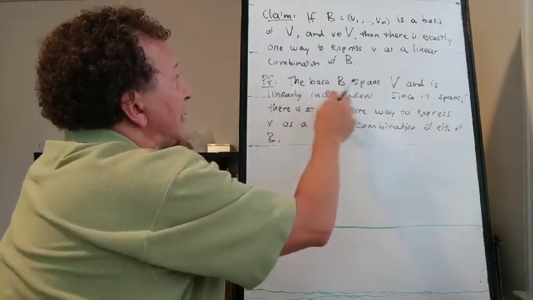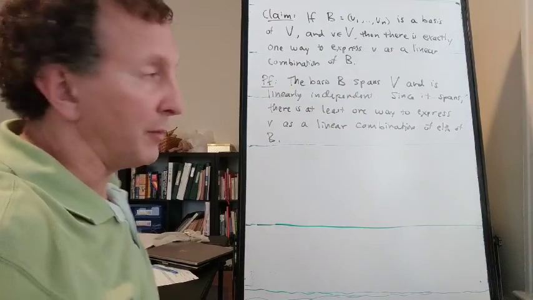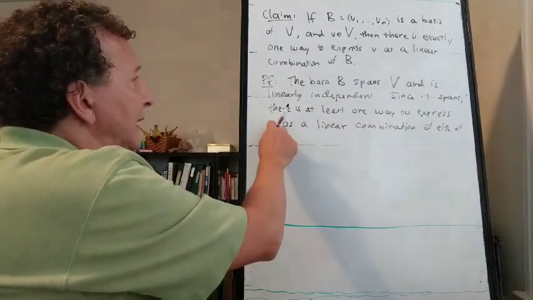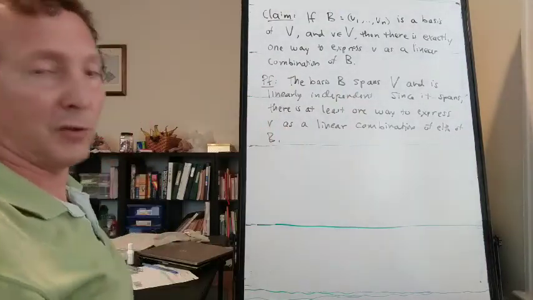I claim that the linear independence of the basis prevents us from expressing a vector v two different ways in terms of the basis.